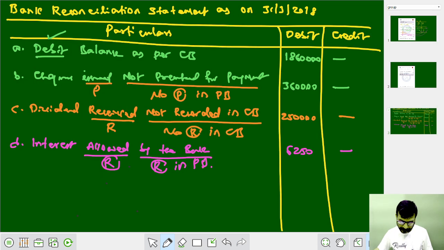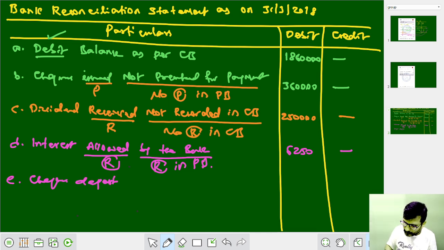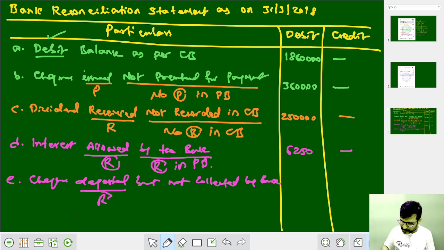That is point number E. Checks deposited but not collected by the bank. Deposited means receipt.